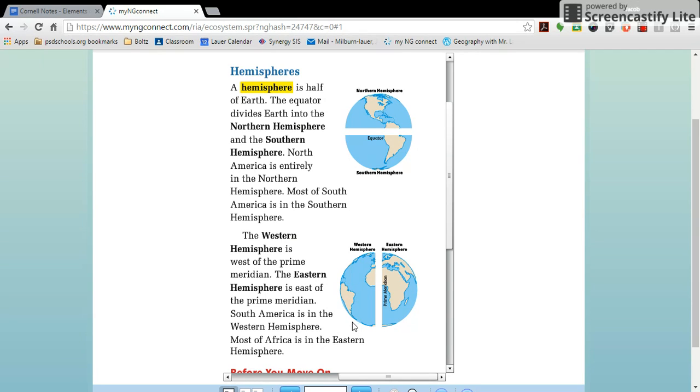This is actually the western hemisphere over here. And here's South America, which is in the western hemisphere. And here's Africa, which is actually sort of split. Most of it is in the eastern hemisphere right there, but some of it, you'll see right there, is in the western hemisphere.